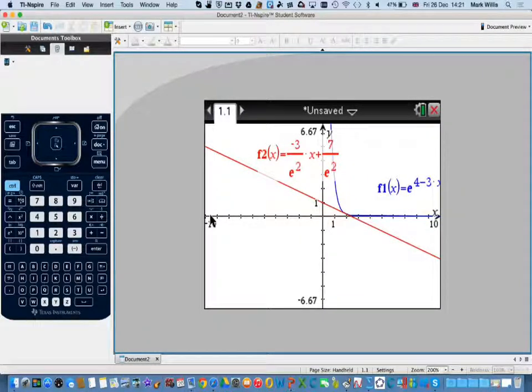Okay, and now I want the normal, so do Control G again. Be a bit more careful entering this because it's a bit more complicated.